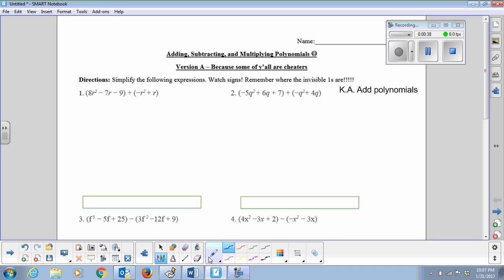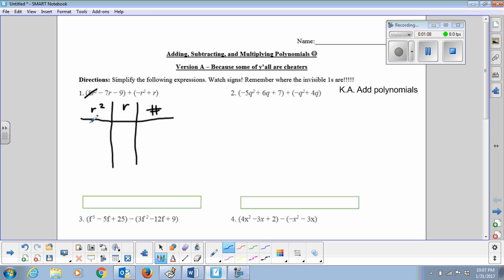Okay, but starting out, we have 8r squared minus 7r minus 9 plus negative r squared plus r. So when I have that plus between my parentheses, it doesn't change the sign of anything to the right. So I can just start away with my groups. So I've got r squared, and I have r, and then I have just my regular numbers.